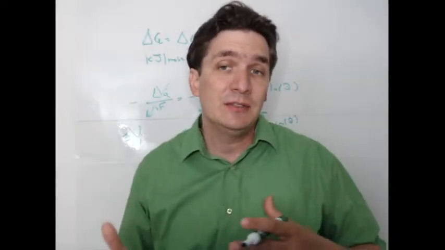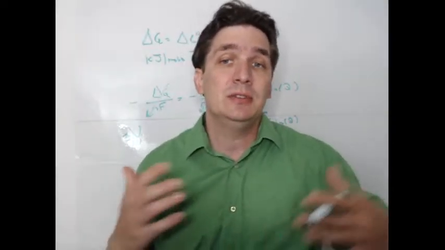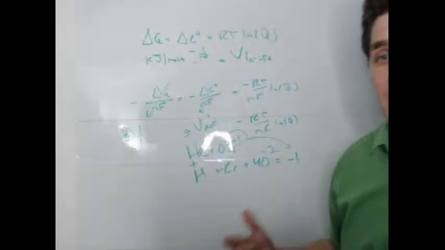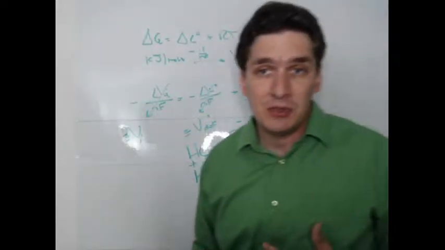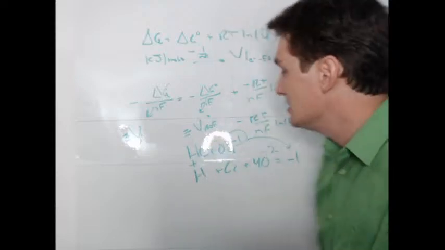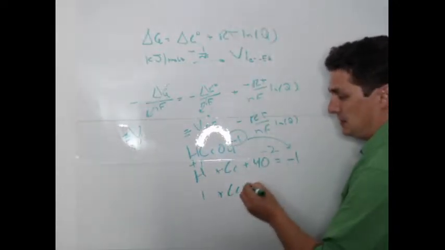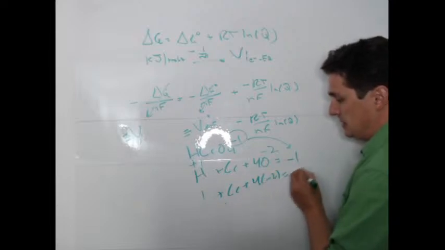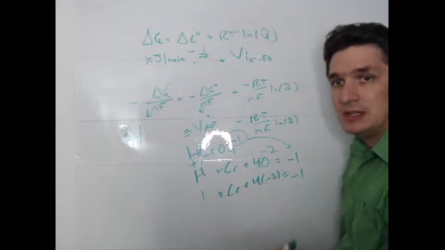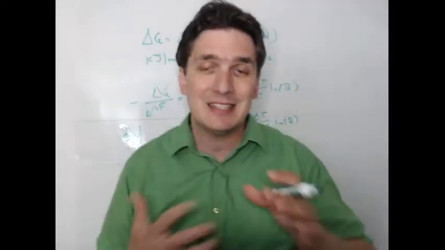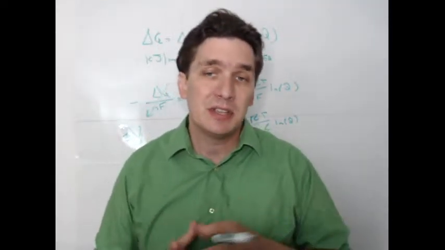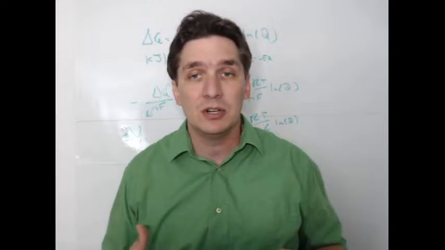Oxygen is so electronegative it pulls both electrons off of hydrogen, giving a -2 charge. For hydrogen, if it's the least electronegative element, it takes the +1. So we've got a +1, chromium, and -2 on the oxygens, and when we solve this, we get chromium in a +6 oxidation state to give the overall -1 molecule charge.